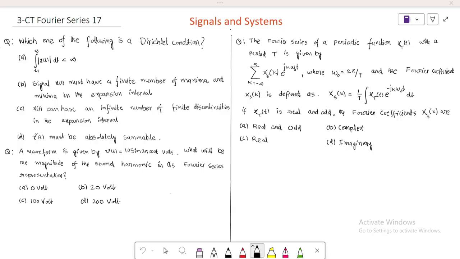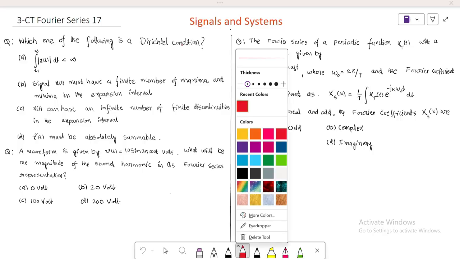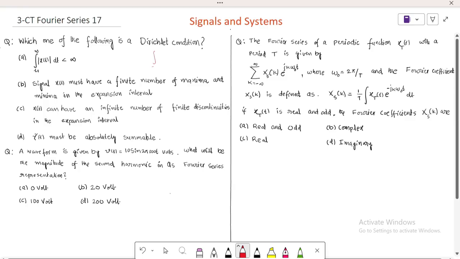Here we have three Dirichlet conditions. The first condition is that it must be integrable: the integral from minus infinity to plus infinity of mod of x of t dt must be a finite value.